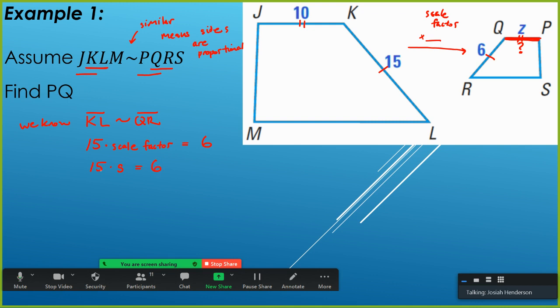So now I can divide both sides by 15. Remember on the left, 15 divided by 15 cancels. That makes a 1. So we have S equals 6 over 15. That means 6/15 is our scale factor.